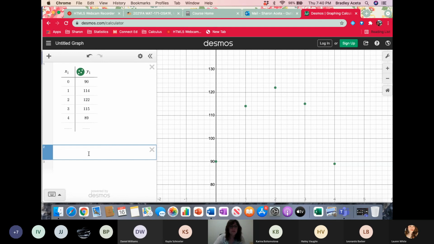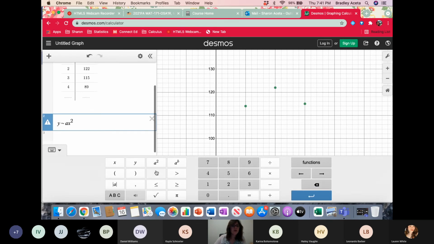You can go like this, y, and then you do this sideways squiggle, and then you type a, x, and then hit squared, and then type x1 plus bx1 plus c. And it's not working for me right now.